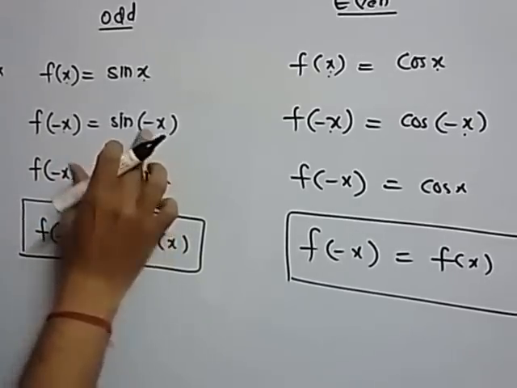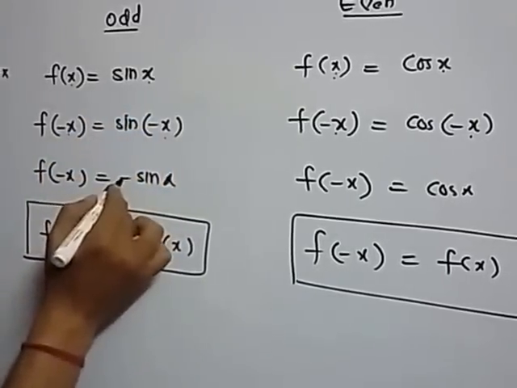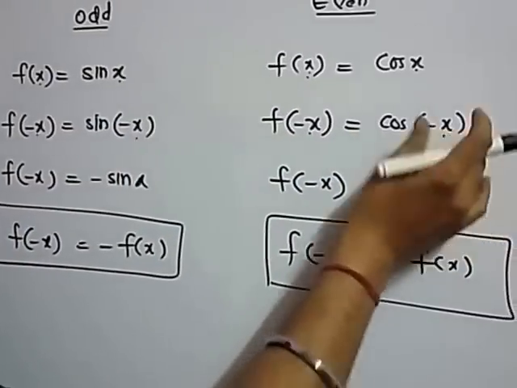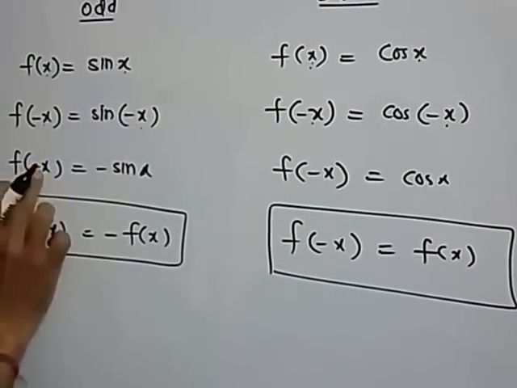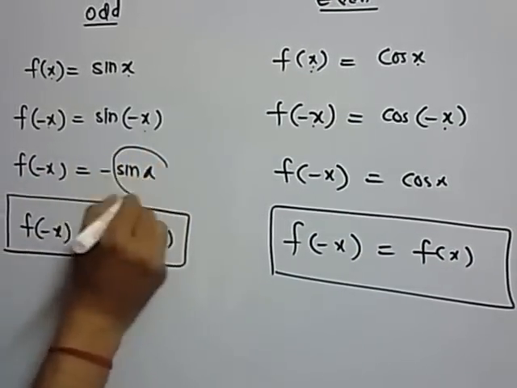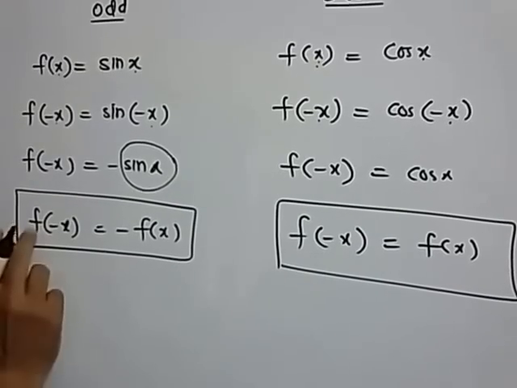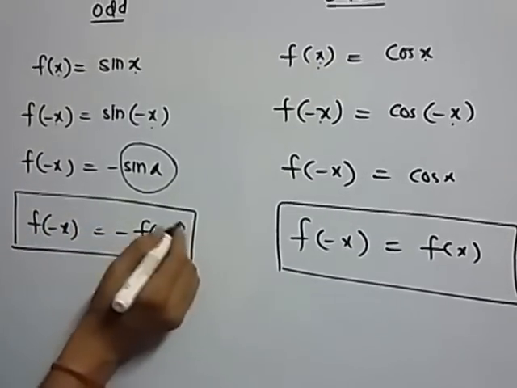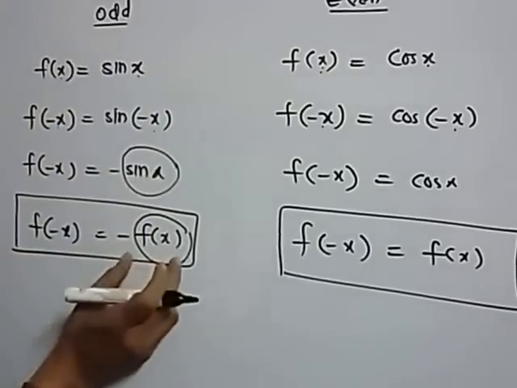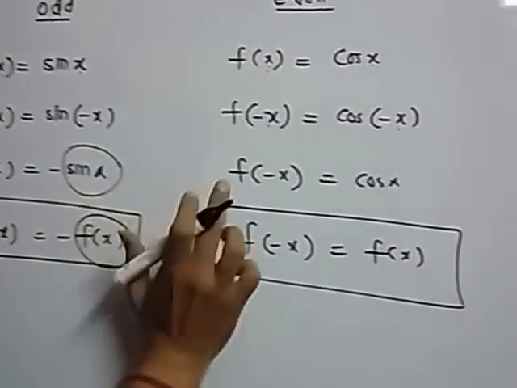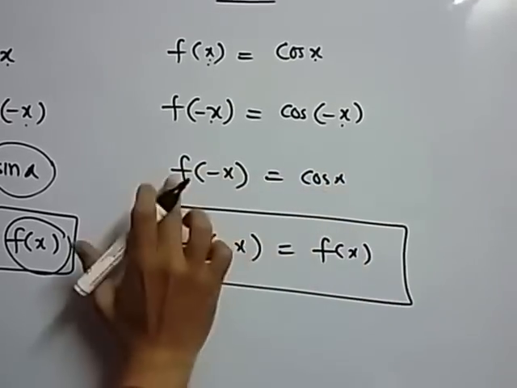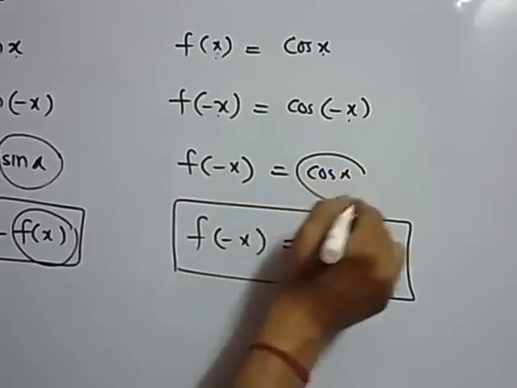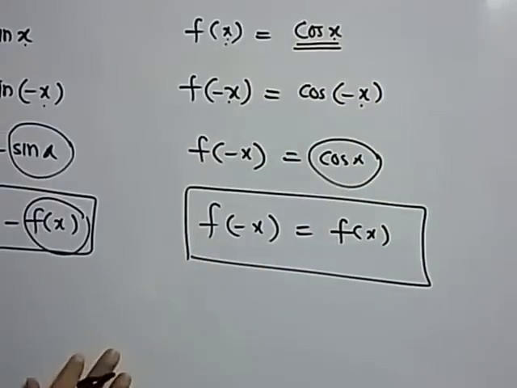Sine of minus x gives this minus sign out and cos of minus x absorbs that minus sign. So here f of minus x is minus of sine x. That means f of minus x is negative of the original function. And here f of minus x is cos x. That means f of minus x is the same as the original function.